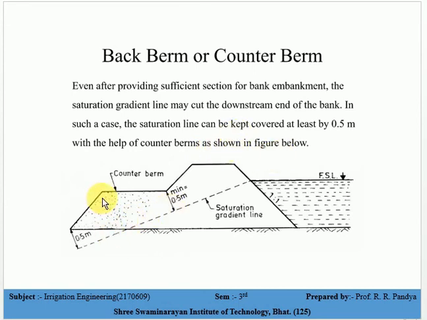So this is the counter berm and the distance from the saturation line should be minimum 0.5 meter, right? But if this filling material will be saturated, right? If this whole area will be saturated, then there is a much higher chance to distress this canal lining, right? So that's why we have to provide a minimum distance of 0.5 meter.